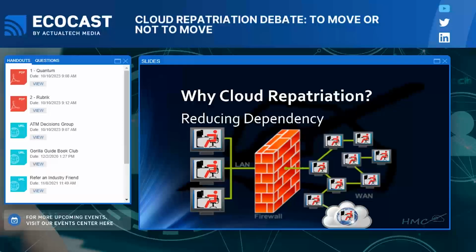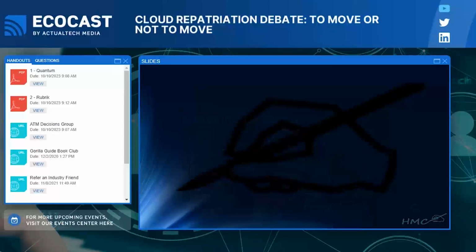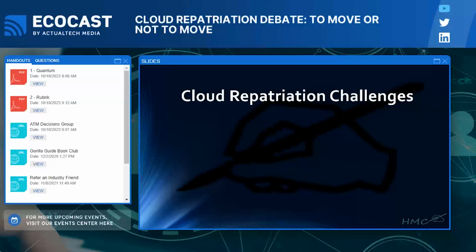What are your challenges when trying to bring workloads back? The cost. There's going to be cost involved in moving workloads back from the cloud to your own data center. You may have to repurchase infrastructure that you got rid of. You may have to hire people to recapture expertise that you lost during the transition.